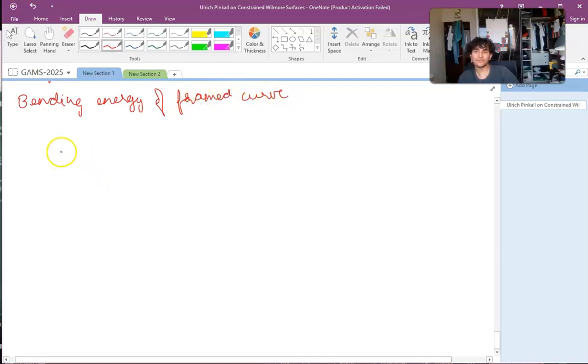So now E of gamma, the energy, is given by E of gamma. The framed curve is denoted by both the curve and the frame, so the frame is n, and I have to put in a little comma and n over here.